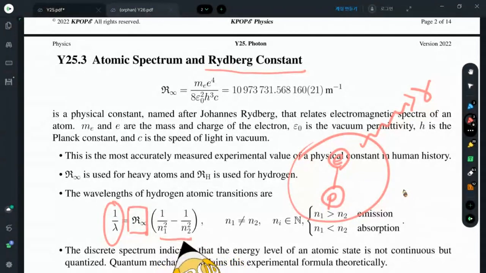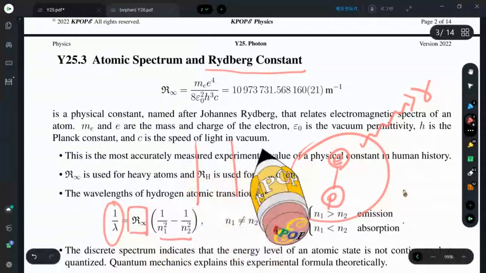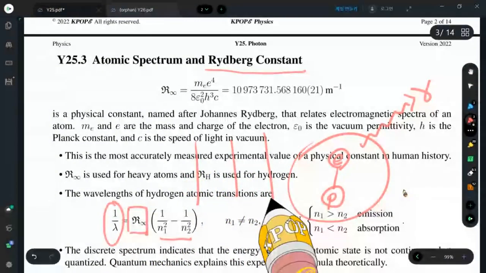And people detected the spectra of a hydrogen atom, and that was not continuous like the white light coming from the sun. Instead, they are quantized. The line spectrum has been detected.